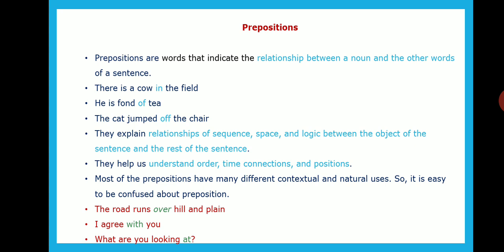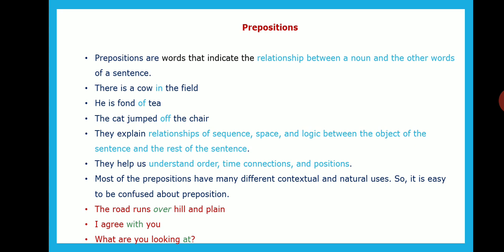And what is the noun at the end of the sentence? Chair. There are two nouns, but here the relation is expressed between the verb jumped and the noun chair. I hope it is clear. It is very simple. In, of and off are prepositions in these three sentences.